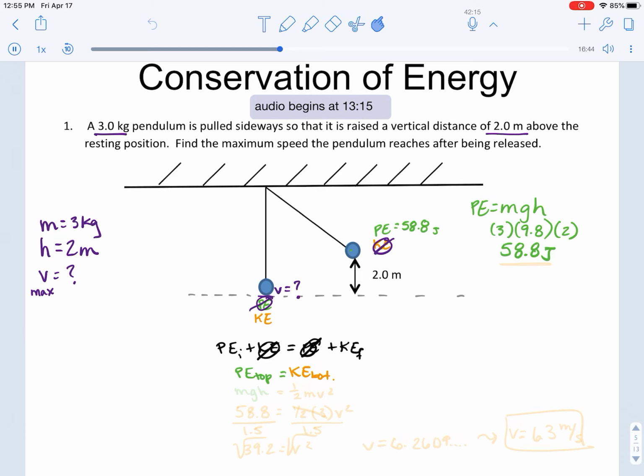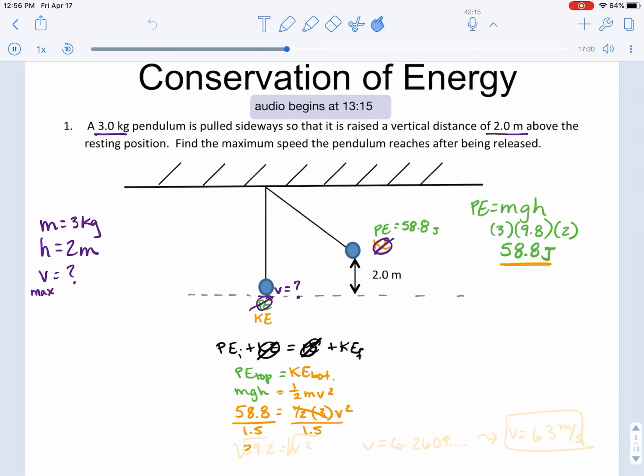So I'm going to take my mass times gravity times height here and set that equal to my 1/2 mv squared. Now we've already done the work over here to figure out what that potential energy is. So I know you guys like to substitute your numbers in first. So 58.8 equals 1/2 of 3 times v squared. So half of 3 is 1.5, so divide by 1.5 on both sides.